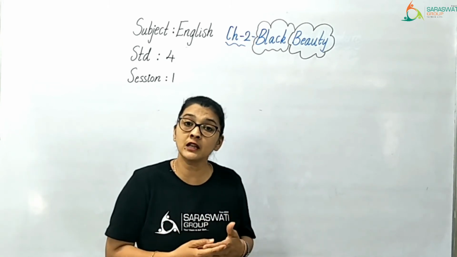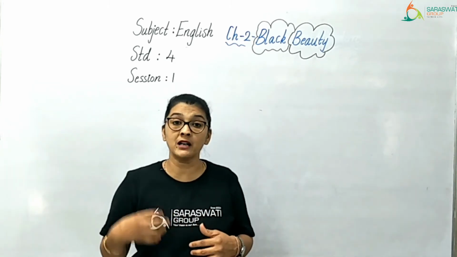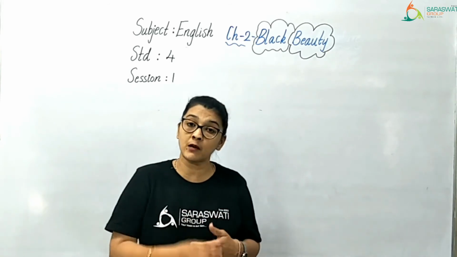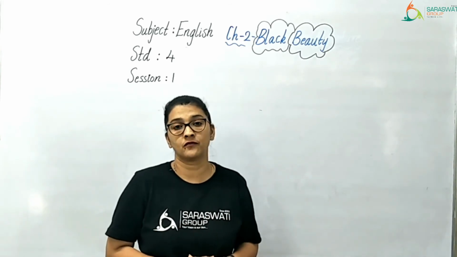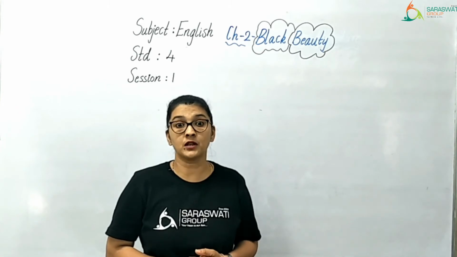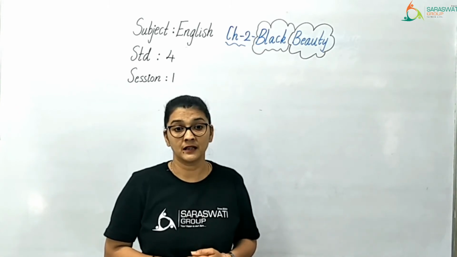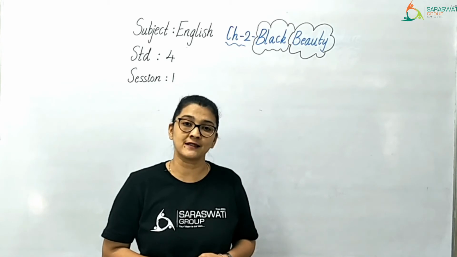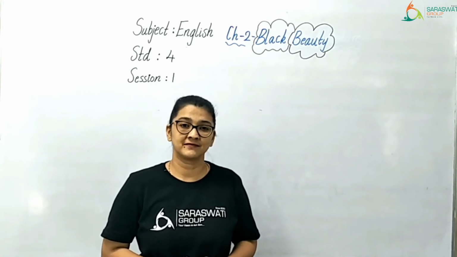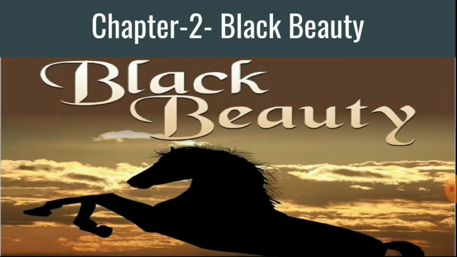If you are going to learn them, then only it will remain in your mind and you will be able to relate when I am going to explain the chapter. Now this chapter is something really interesting. I want all of you to focus. Okay? Let us talk about chapter 2, Black Beauty.